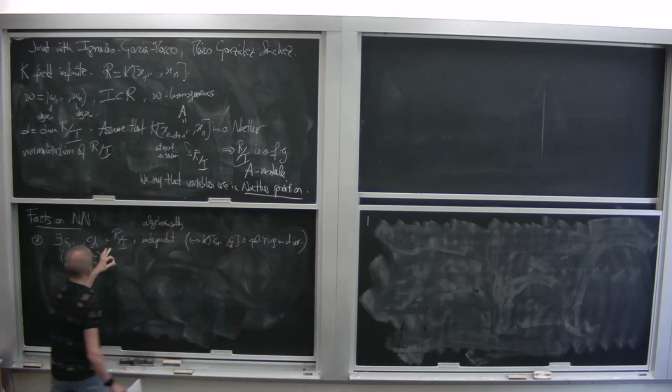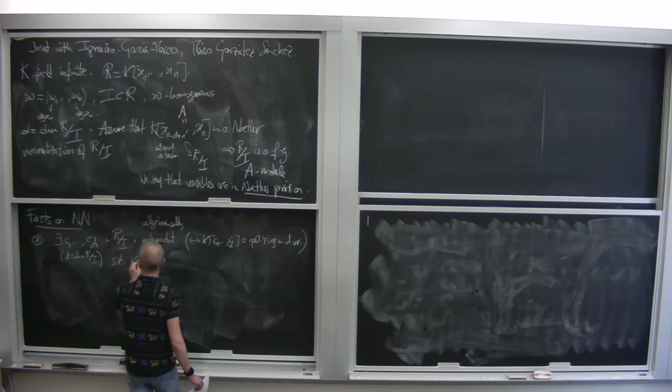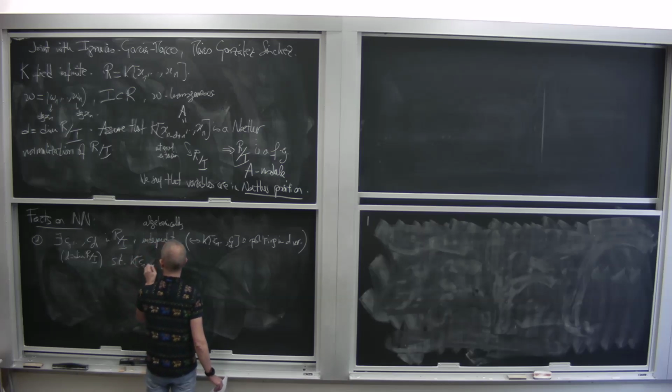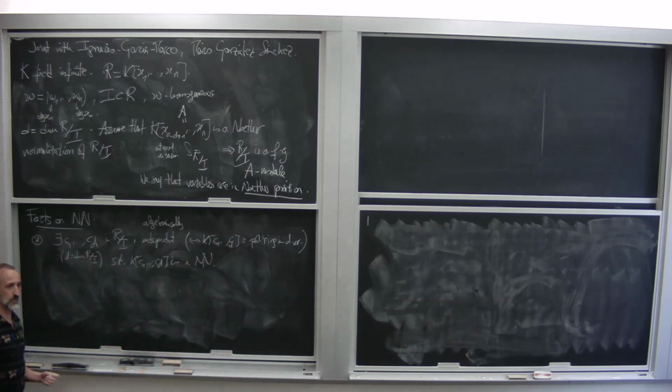So there always exist elements such that K of C1 to CD is a Noether normalization. Okay, so this is always possible.